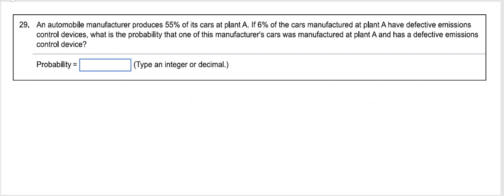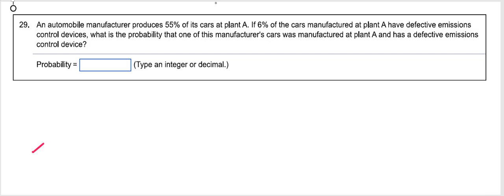Number 29. An automobile manufacturer produces 55% of its cars at plant A. If 6% of the cars manufactured at plant A have defective emission control devices, what is the probability that one of this manufacturer's cars was manufactured at plant A and has a defective emissions control device?